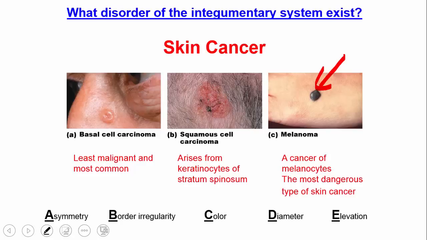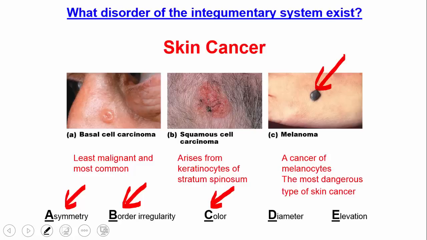If you have something that looks like a freckle or a mole, the A means if it's asymmetrical, you might want to get it checked out. If you notice that the border is changing, getting irregular, get it checked out. If the color of your mole or freckle changes over time, get it checked out.